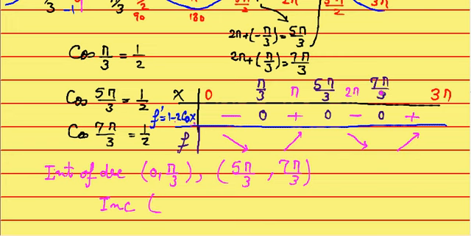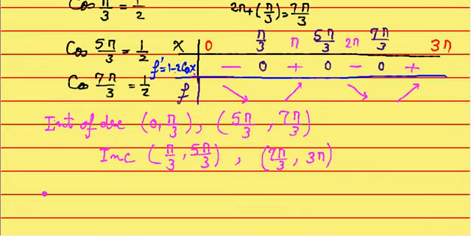You read it off from the x-axis. That's how we report things. Interval of increase is from pi third to 5 pi third. From here to here we are going up, and from here to here, 7 pi third all the way to 3 pi, we are going up.